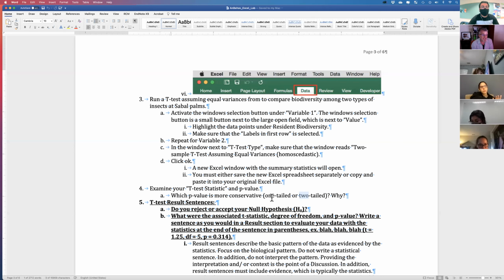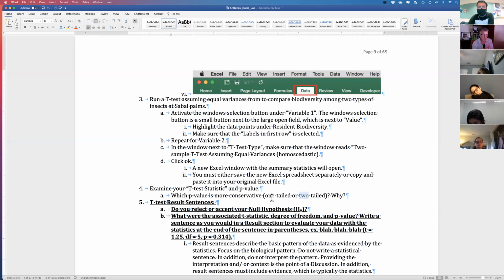And as a result, it's a lot easier to show a significant pattern, a biological pattern, than with a two-tailed test. Because with a two-tailed test, you don't care before you collect data which of them could be larger, which one could be smaller. When you collect the data, you treat both of those possibilities as equally valid. We could describe our alternative hypothesis as there's a difference, or we could describe it as residents have higher biodiversity than transients.